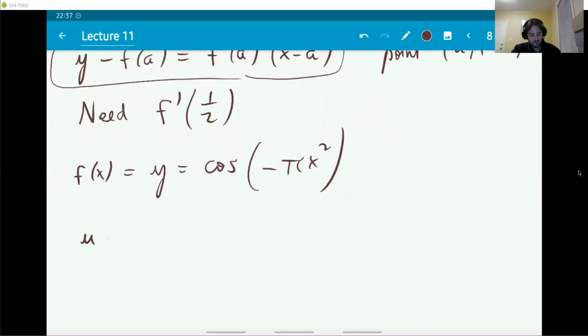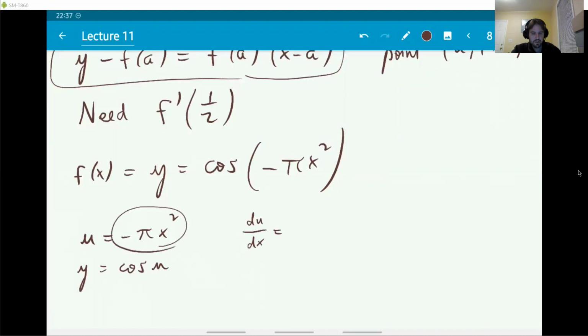This is one function that's going to require the chain rule. So let's call u the inner function, minus pi x squared, and y the outer function, cosine u. du dx is the derivative of minus pi times x squared, which is minus pi times the derivative of x squared, which is 2x. So instead of writing minus pi 2x, I'm writing minus 2 pi x.